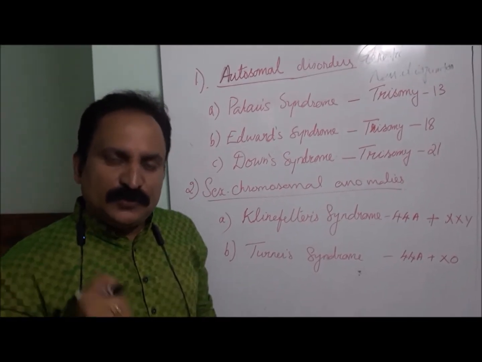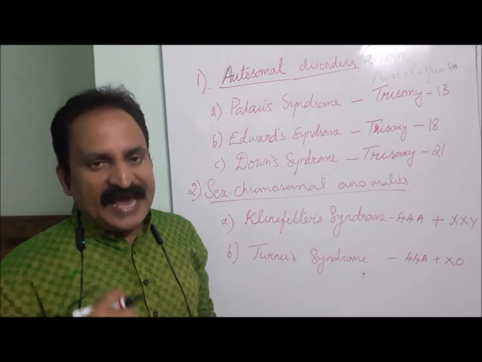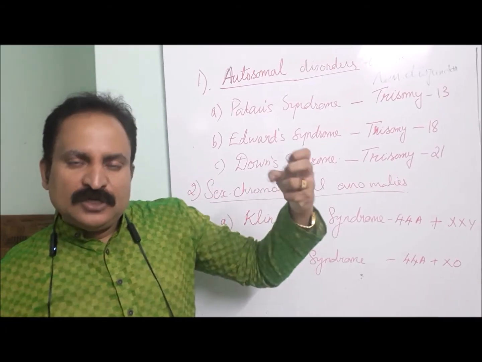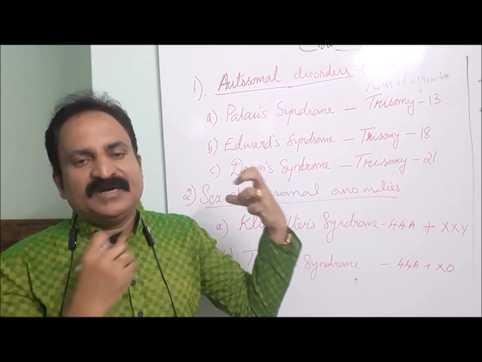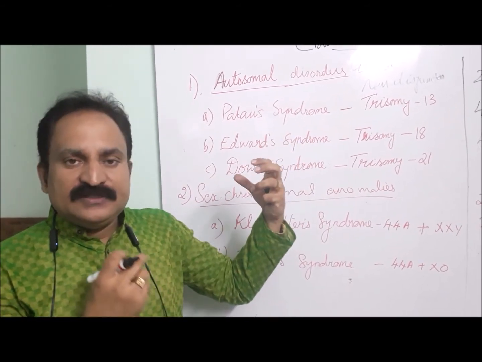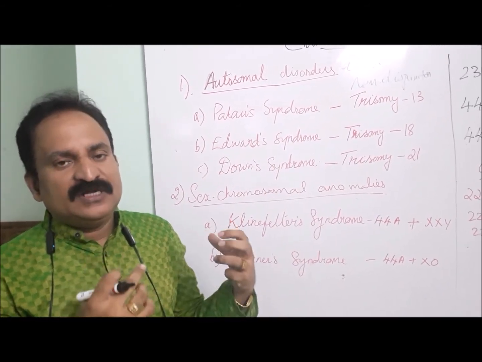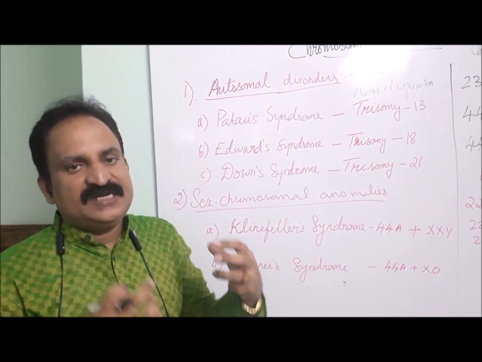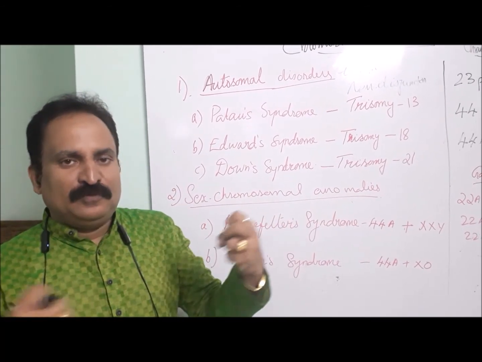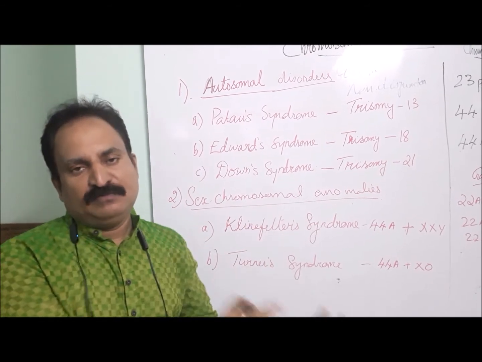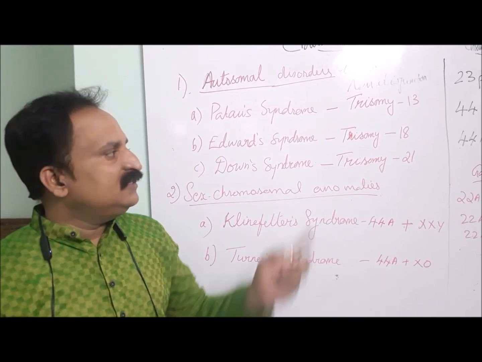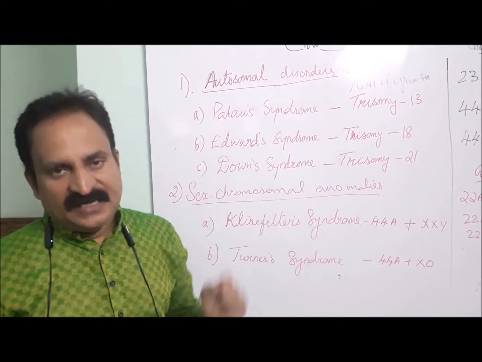During cell division, in anaphase, the chromosomes should move towards the poles. But in this case, due to genetic non-disjunction or a defect in spindle fiber formation, the chromosome will not move to the opposite pole, instead it will come to one side. These trisomies are taking place.